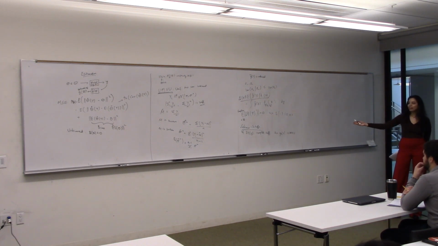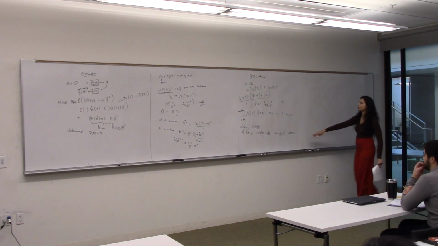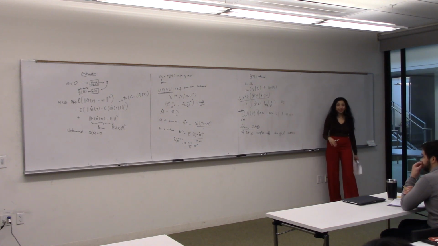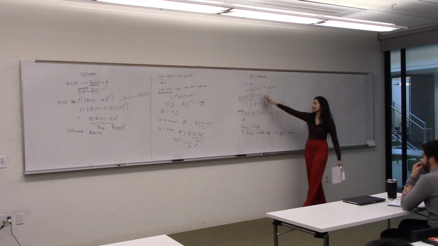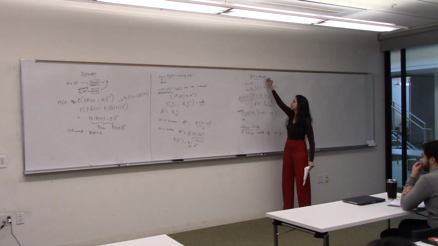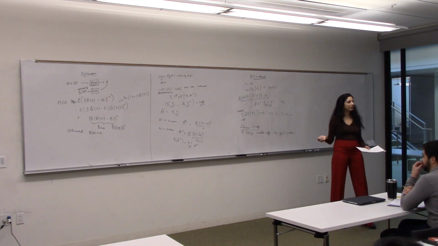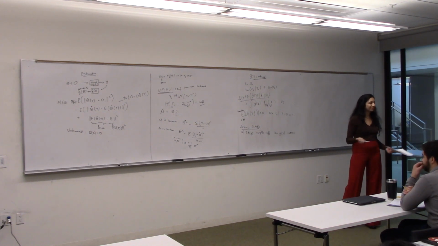But if you have that, then you can be assured that the UMVU estimator exists. And in fact, it's given by this simple conditional expectation. So you can take any simple estimator that is unbiased, and if you know what the complete sufficient statistic is, you're done.